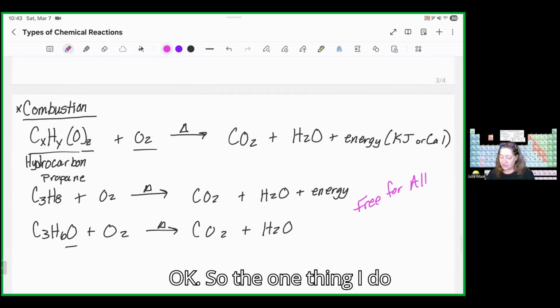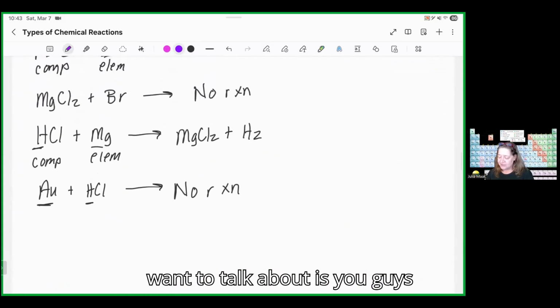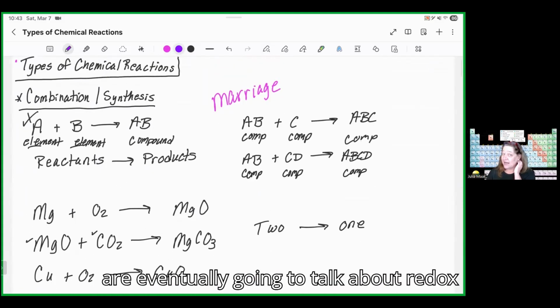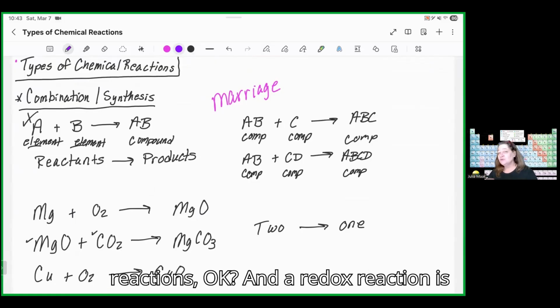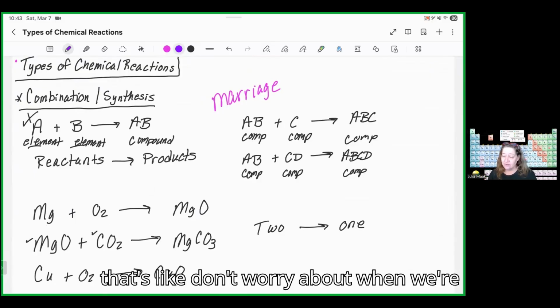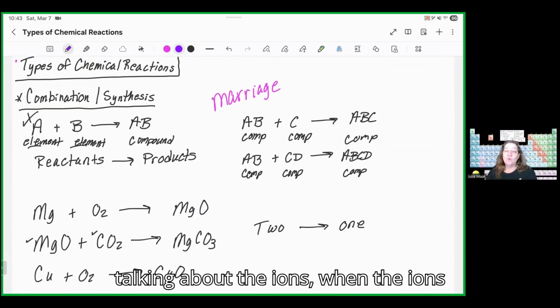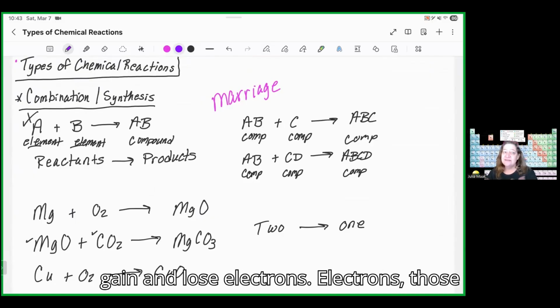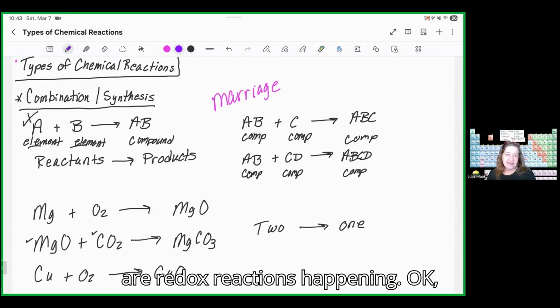The one thing I do want to talk about is that you guys are eventually going to talk about redox reactions. A redox reaction is when electrons are exchanged. Don't worry about that when we're talking about the ions. When the ions gain and lose electrons, those are redox reactions happening.